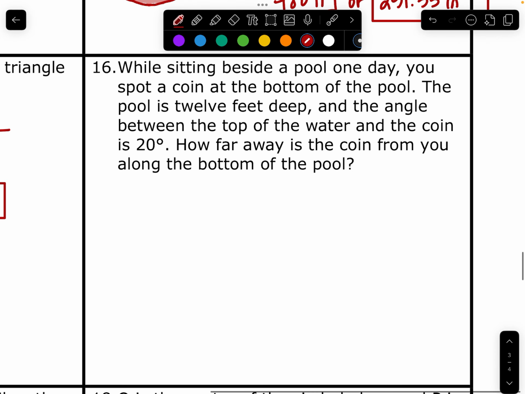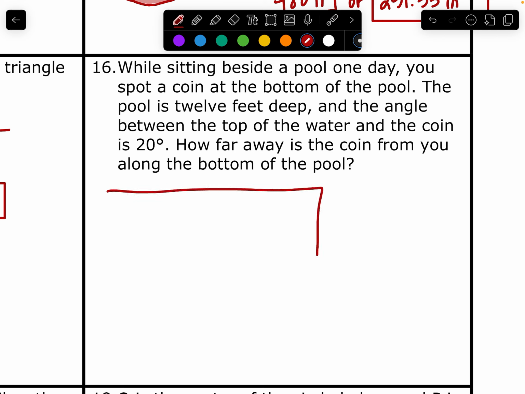Number 16. While sitting beside a pool one day, you spot a coin at the bottom of the pool. The pool is 12 feet deep, and the angle between the top of the water and the coin is 20 degrees. How far is the coin along the bottom of the pool? All right, so we have this angle of depression. It didn't say that, but that's what it described.